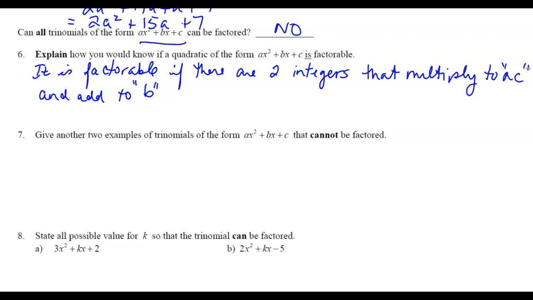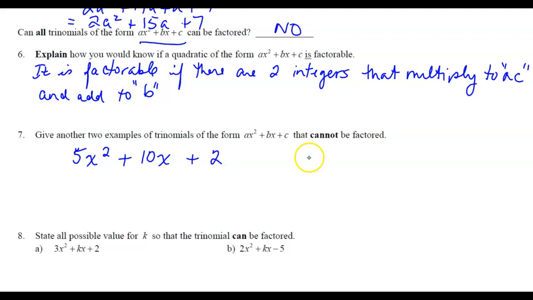So give another two examples of trinomials of the form ax squared plus bx plus c that can't be factored. Well, there's many that you could do. Whatever you decide might be different from me. How about I start with 5x squared plus 10x, and then plus a number, so let's say I choose 2.